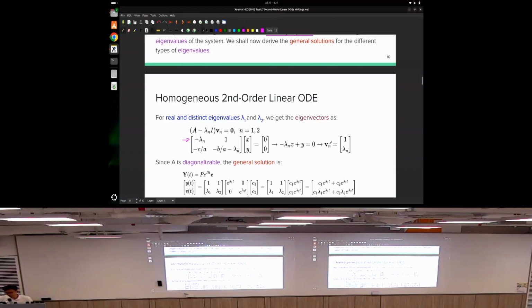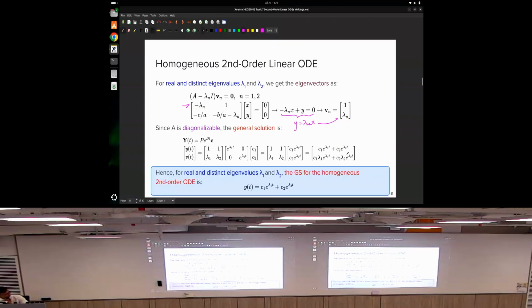This goes to show that your eigenvector v is just (1, lambda n), because from here, y equals lambda n x. So you just choose x to be 1, and you get (1, lambda n) for your eigenvectors. No problem there. So after you have found the eigenvectors (1, lambda 1) and (1, lambda 2), just substitute them in.